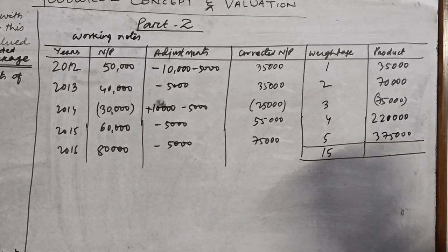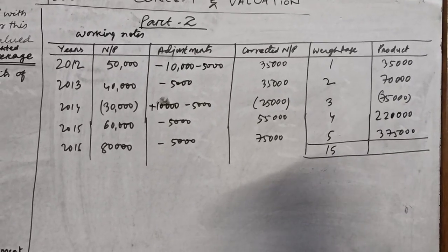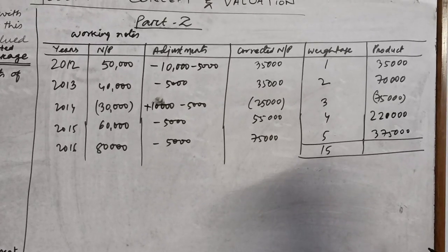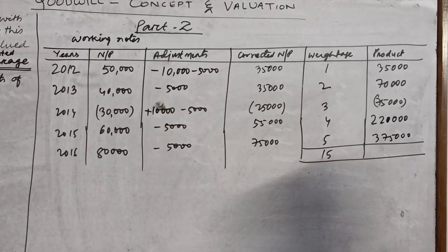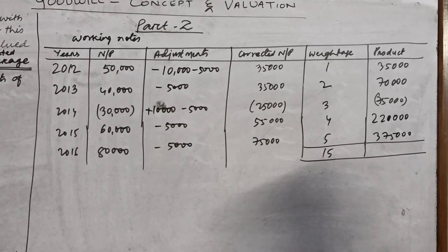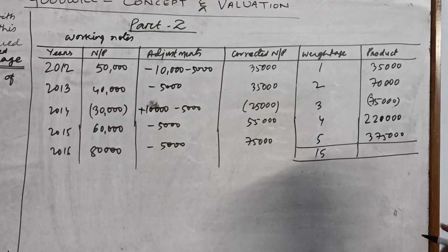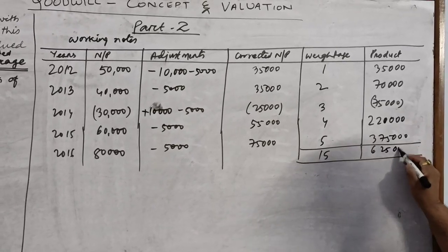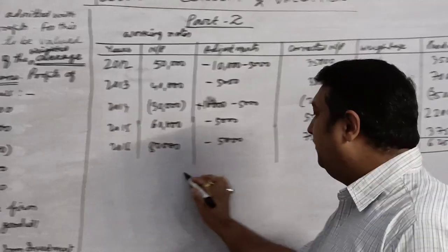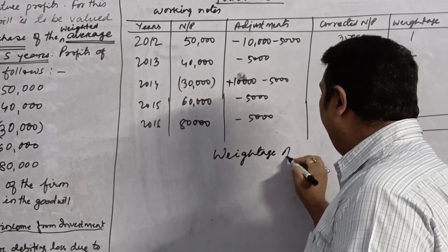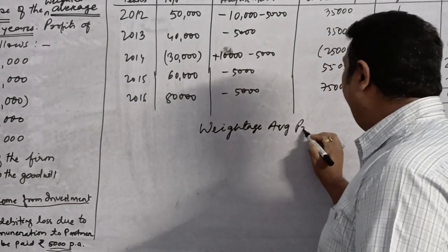And we will also add all these columns, 35,000 plus 70,000 minus 75,000 plus 2,20,000 plus 3,75,000. So the total is 6,25,000. Now we will use the formula to calculate the weighted average profit.